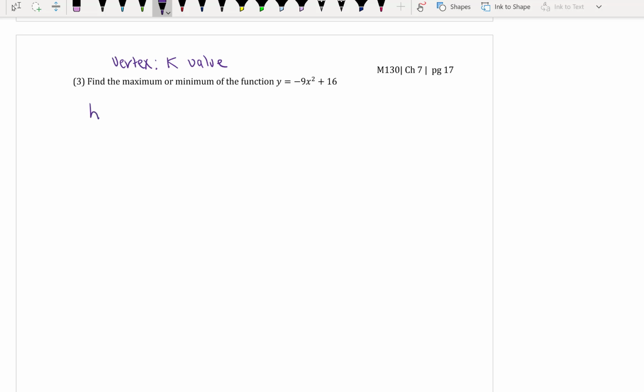So I know that h is equal to negative b over 2 times a. And here my a value is negative 9, my b value is 0, and my c value is 16. So the b that I'm plugging in is 0, and the a that I'm plugging in is negative 9. So that gives me that h is equal to 0.